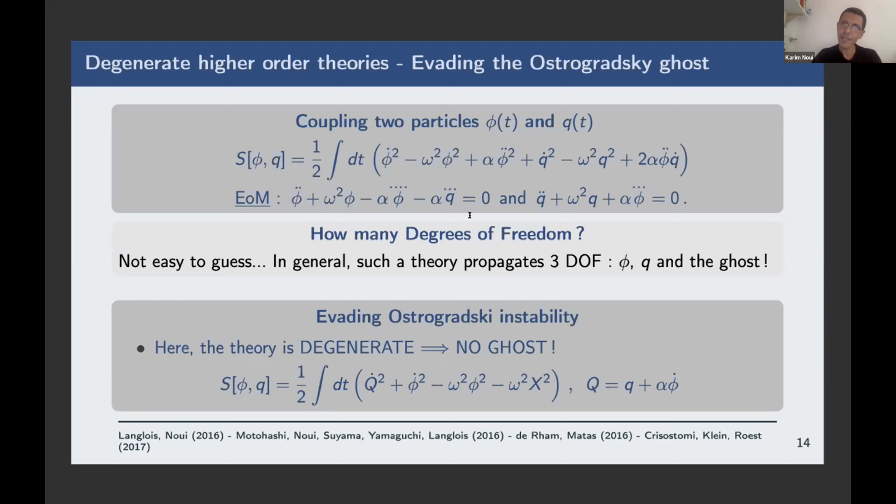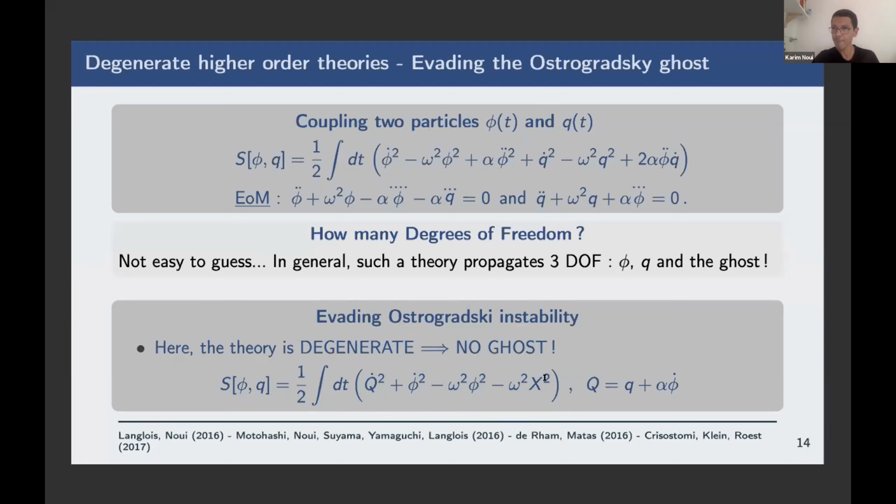But in fact, if we look closely at this action, we can evade the Ostrogradsky instability. Here, in fact, there is no instability, and let me try to explain why. If you consider the variable capital Q defined by this combination here, instead of the variable small q, you can show that this action is completely equivalent to this one where there is no higher derivative at all.